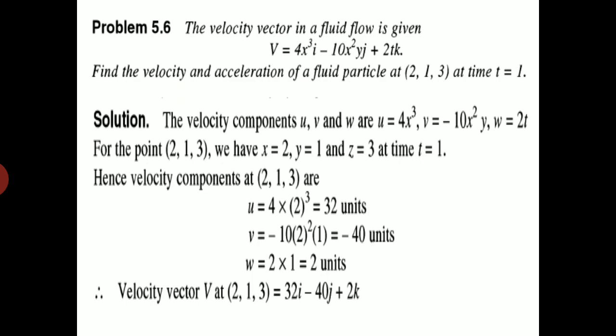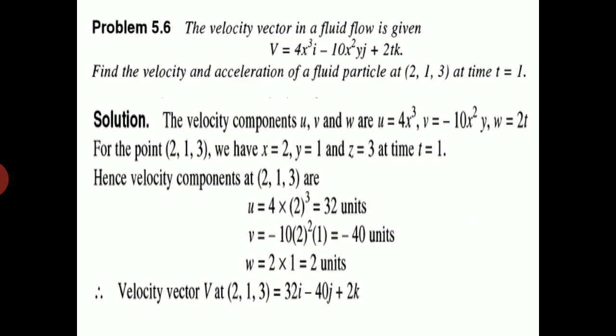With i we have 4x cube, that is u is equal to 4x cube. With j we have minus 10x square y, that is v is equal to minus 10x square y. And with k we have 2t, that is w is equal to 2t.